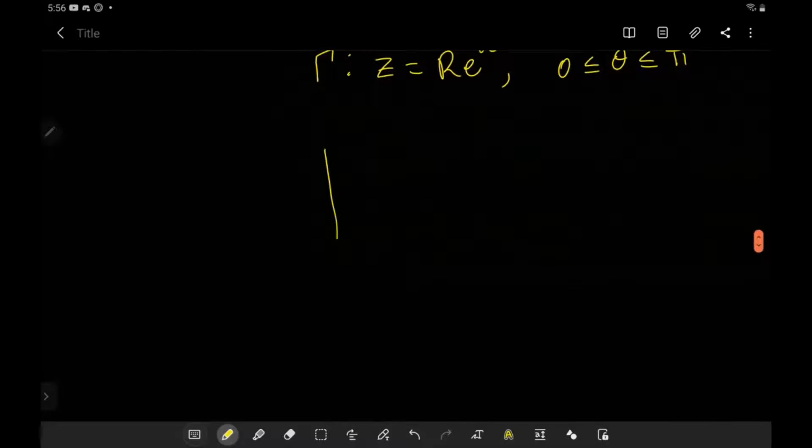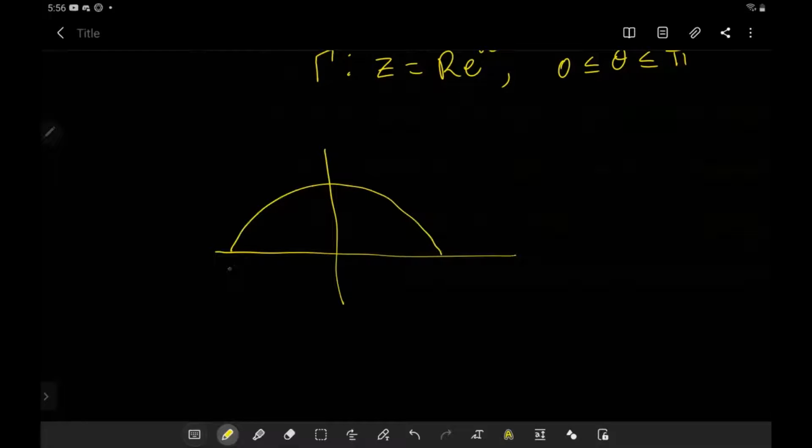So if we were to draw this, we have something like this, where this is minus r, this is r, this is my gamma, and this is L. L is going from minus r to r, and gamma is the semicircle that I'm only taking from 0 to pi with values of theta.